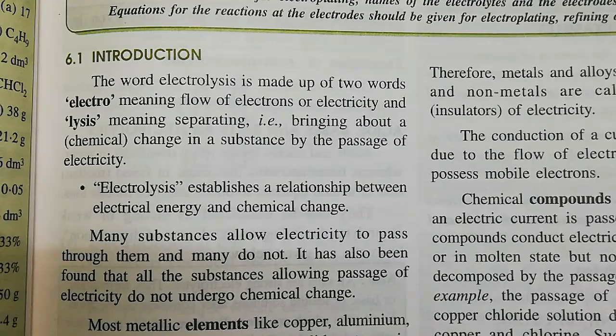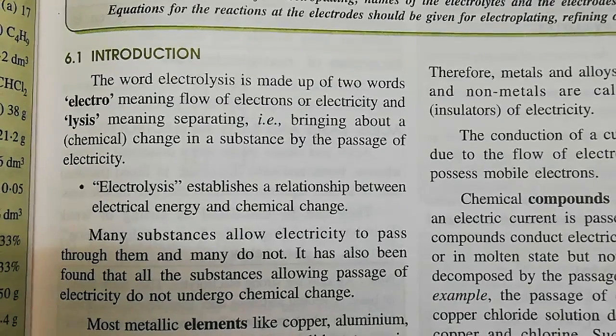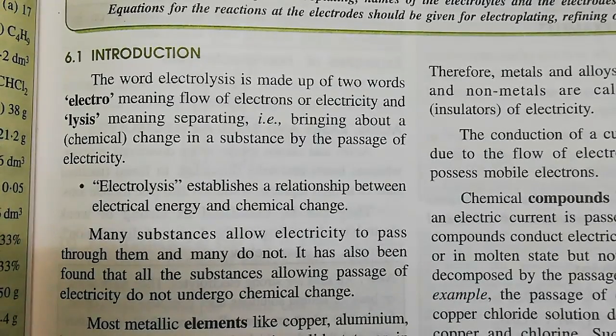Now the question arises, which type of compound or substances will undergo electrolysis? For that we have to know that generally metals can conduct electricity, but the metals or elements will not undergo electrolysis.